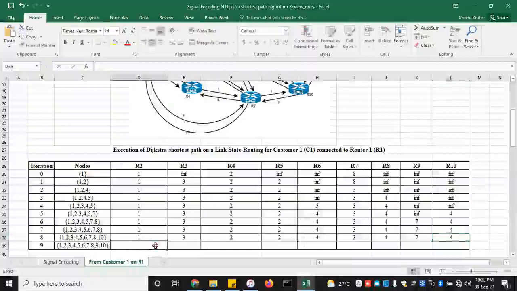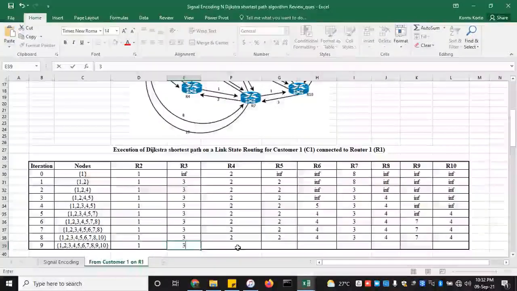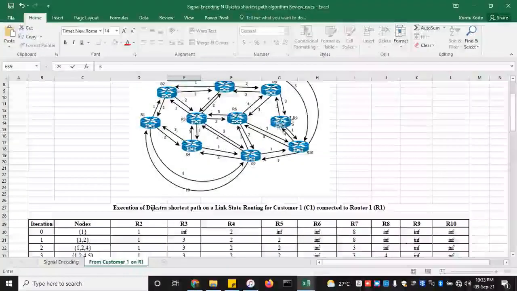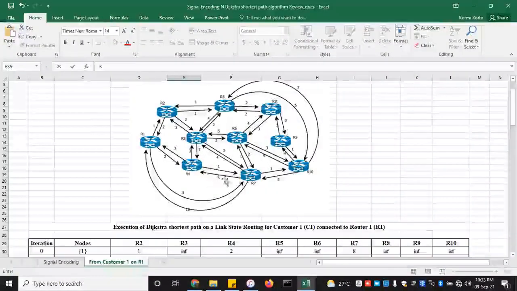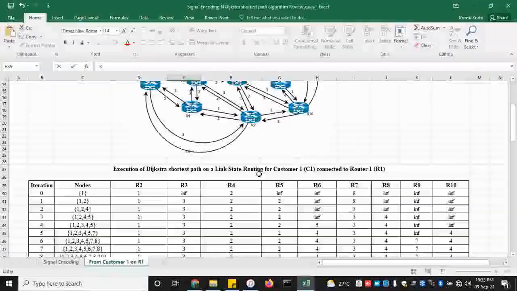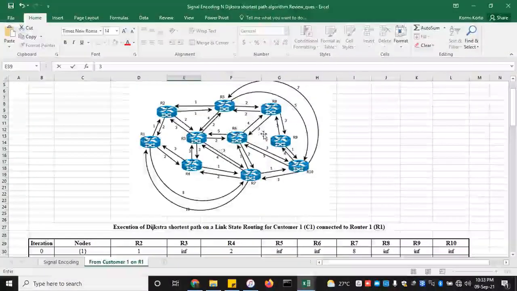Now the last iteration where you have all the 10 nodes involved in the transmission. Once again, 2 will still be 1. For 3 will still be 3. Yeah, and looking at it, now we've included 9. That's what's inclusive now. 9's all the way up here, and the nodes before it are obviously away from it.